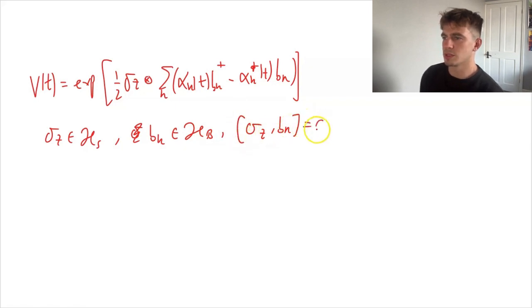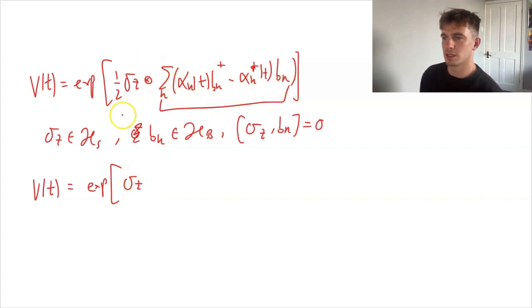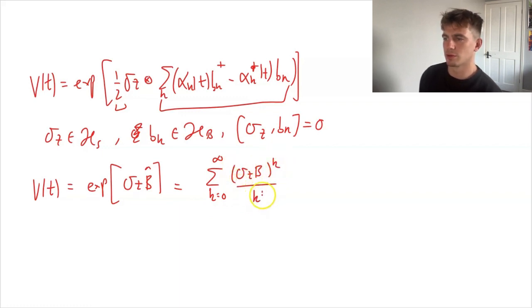And what that means is that I can write V of t as x times sigma z, and I'm just going to call everything else, so everything here, and I'll take this factor of 1/2 too, and I'm just going to call it some operator B. And then what I can do is expand this exponential, sum over k equals 0 to infinity, sigma z times B to the power of k over k factorial.